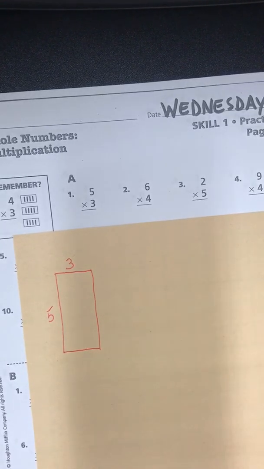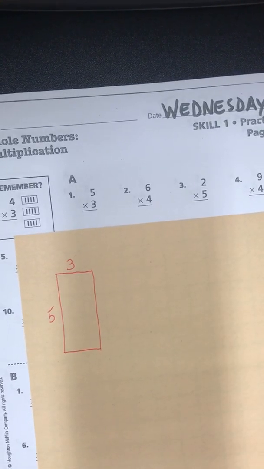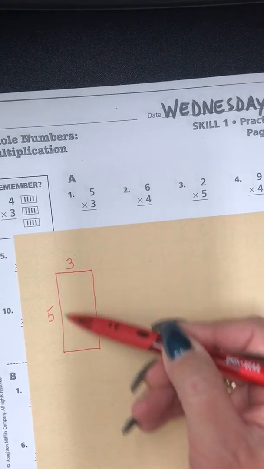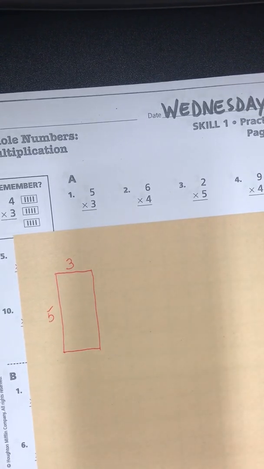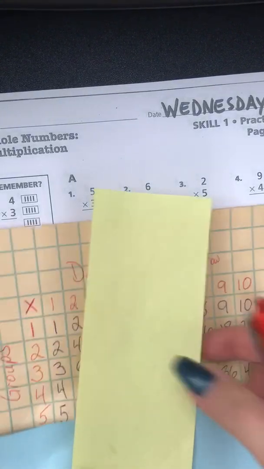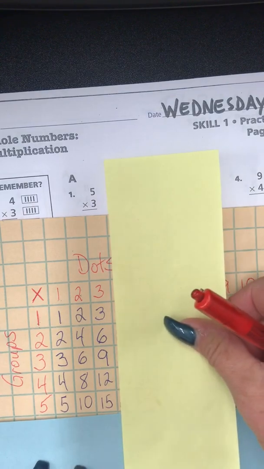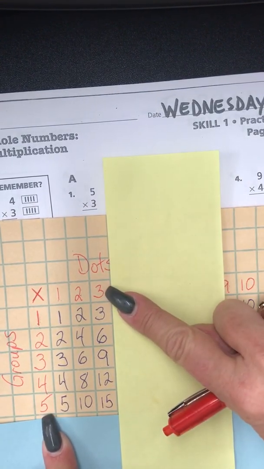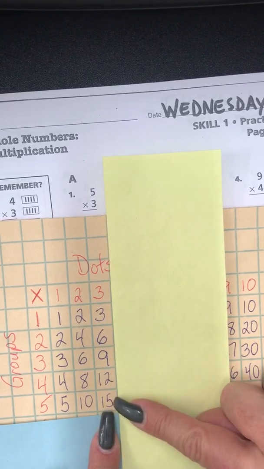So now, if we had all the little lines and graph paper and all the little squares, do you know how many squares would fill this area? 15. It'll be 15, that's right, we looked it up. So if we had 5 rows with 3 in each row, that means there will be 15 squares.